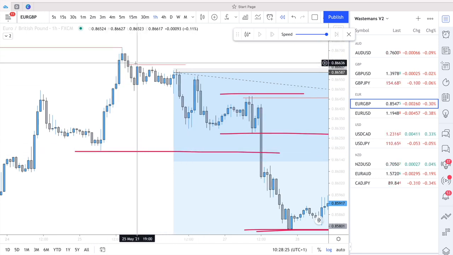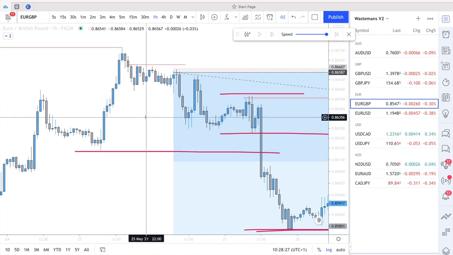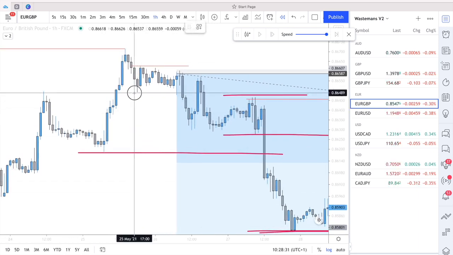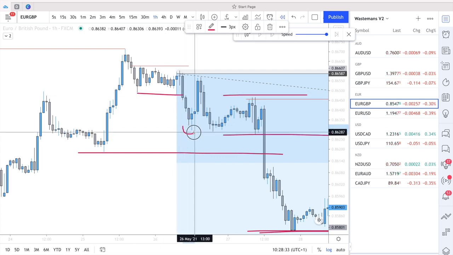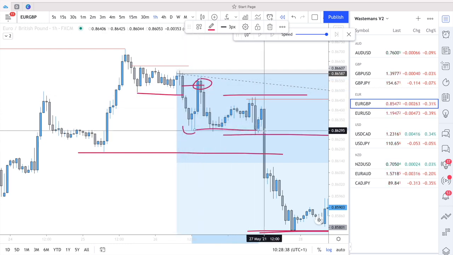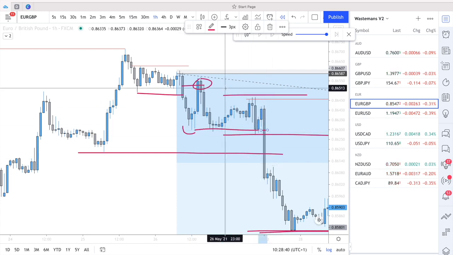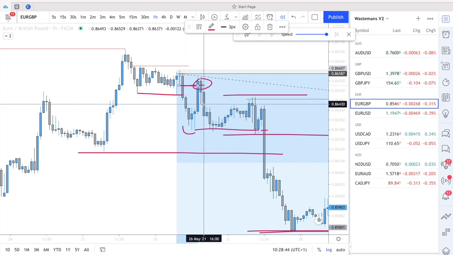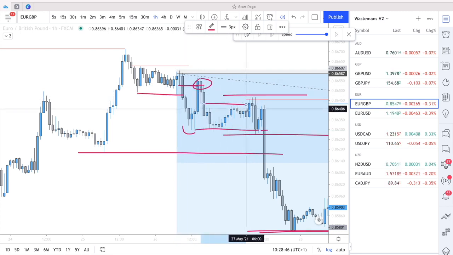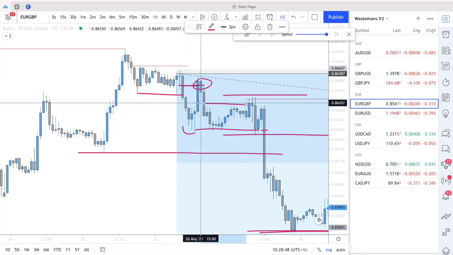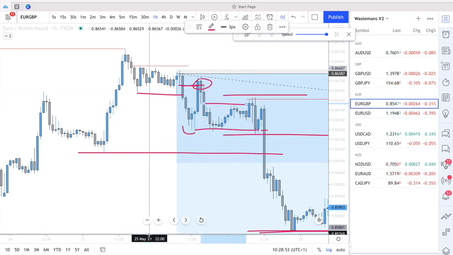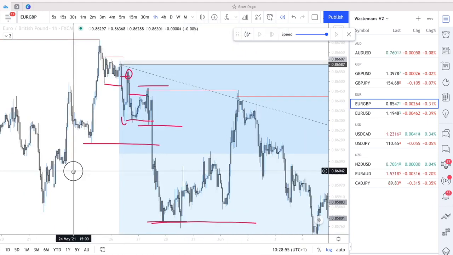So from here, in terms of minor structure, we can see a break of structure, low mitigation, and a break of structure that happened here. The point of mitigation was here, but in terms of pricing and efficiency, this has somewhat been mitigated if there was a lower time frame break of structure here on a minor scale.